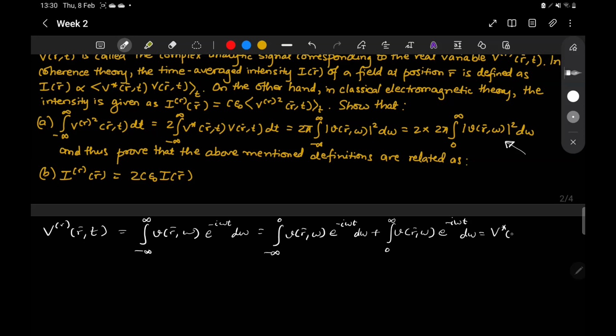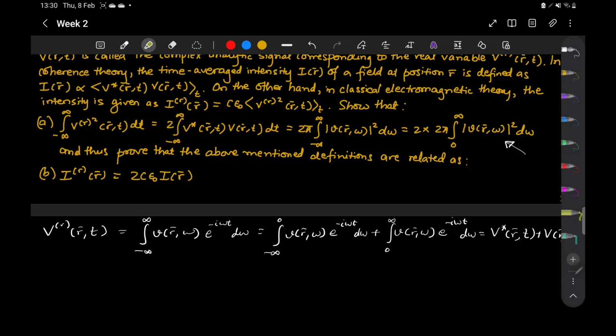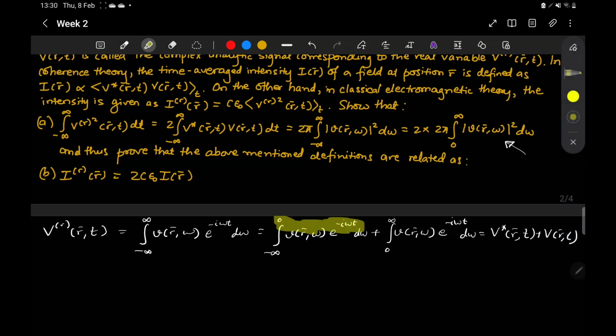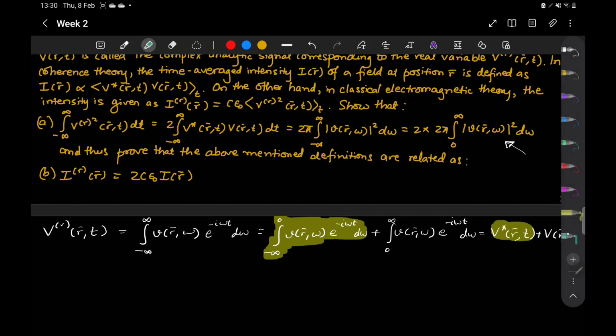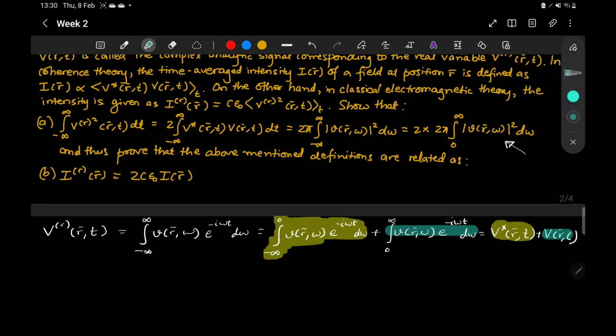And this is written in the complex analytic signal form as follows, where this first term, this negative part, this is V star, and then this right here is V.